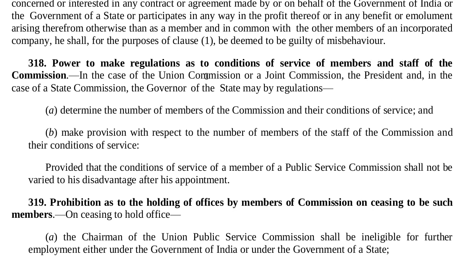In the case of a union commission or a joint commission, the president, and in the case of a state commission, the governor of a state may by regulations A. determine the number of members of the commission and their conditions of service, and B. make provisions with respect to a number of members of the staff of the commission and their condition of service, provided that the condition of service of the member of a public service commission shall not be varied to his disadvantage after his appointment.